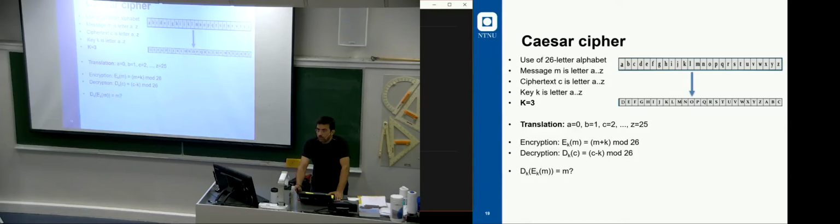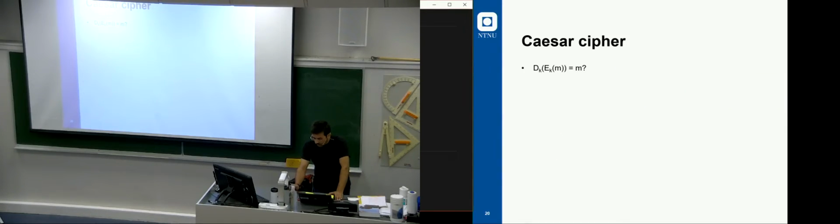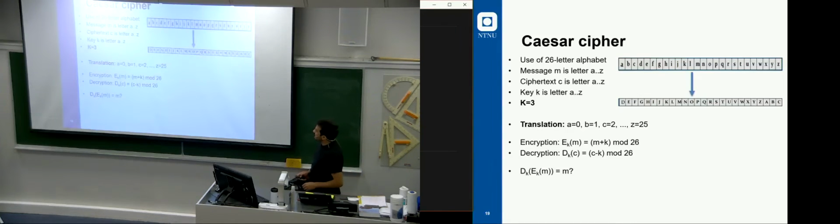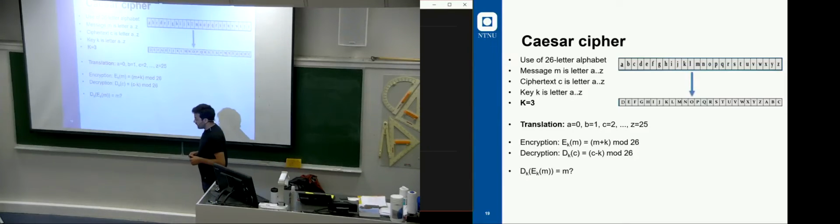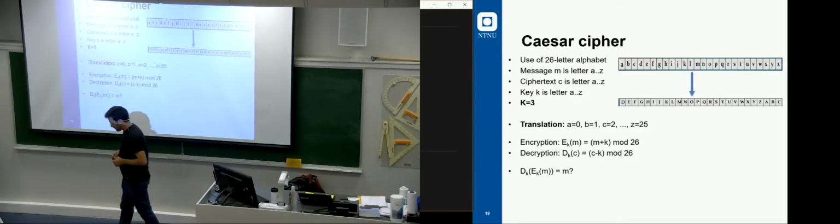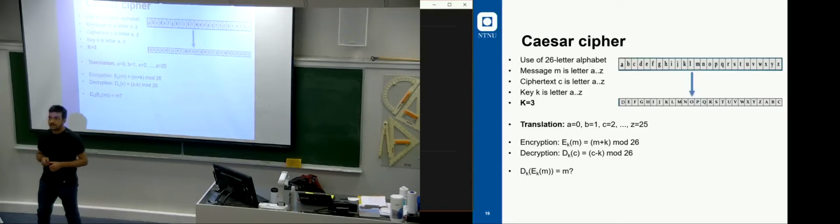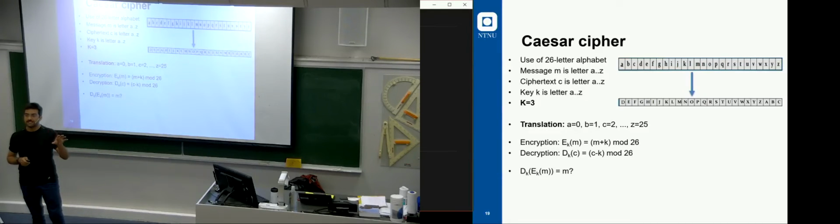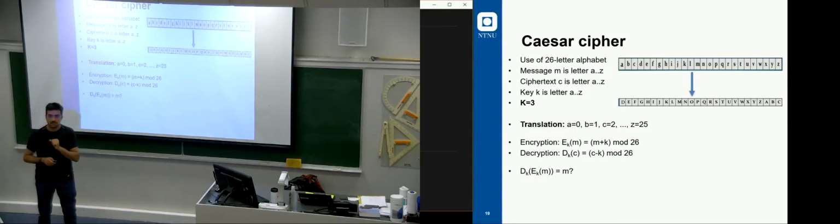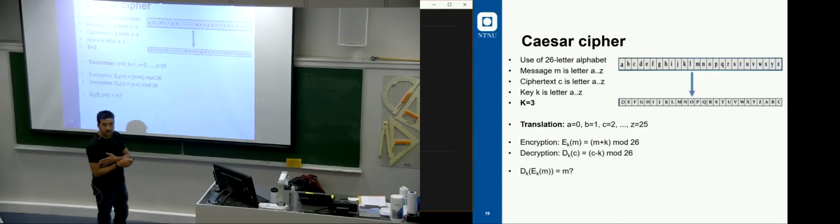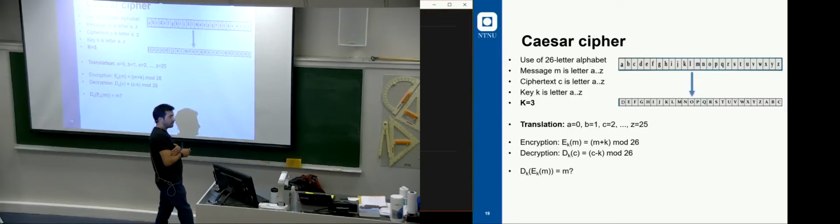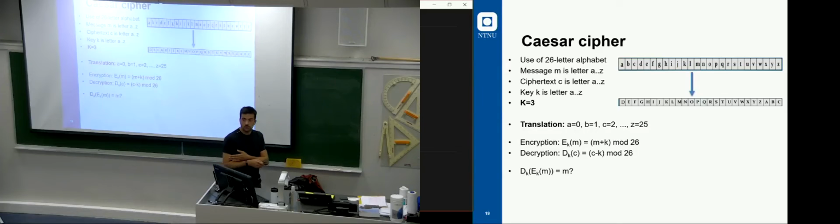Then what was the encryption? Encryption was the message with the key K. That is actually the message plus that key, isn't it? For example, if I say 0 was A, then plus 3, what was that?